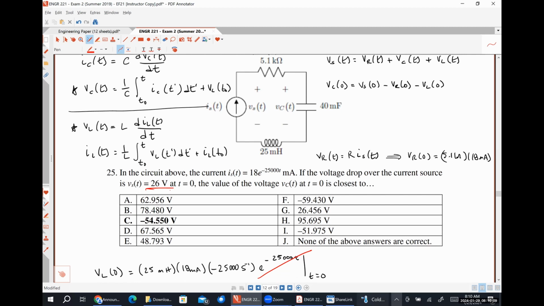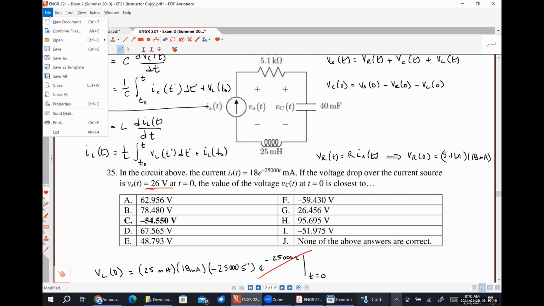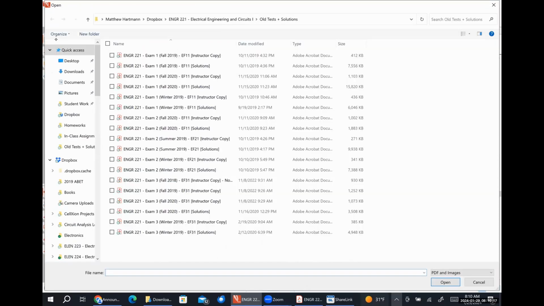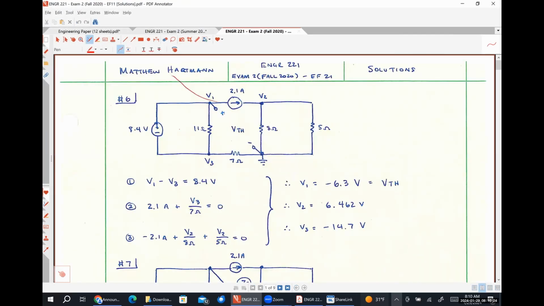Patrick. Fall 2020, number 24. Fall 2020, number 24. Oops, that's the wrong thing.